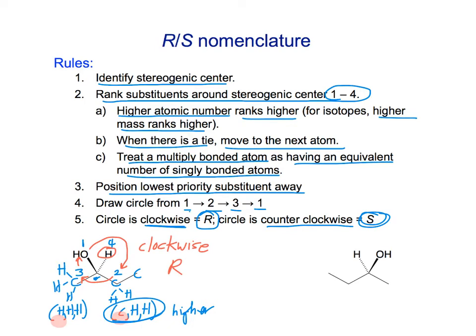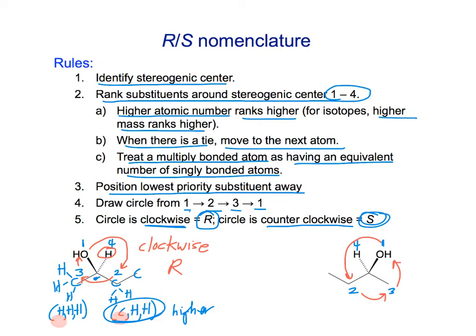Let's try the one on the left. The one on the right is the enantiomer of the structure on the left. So let's do our ranking. Again, the OH is 1, the H is 4, the ethyl group is 2, and the methyl group is 3. We draw our lines from 1 to 2, 2 to 3, 3 back to 1.